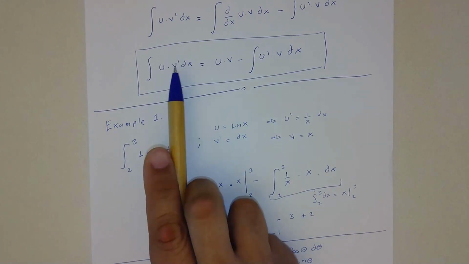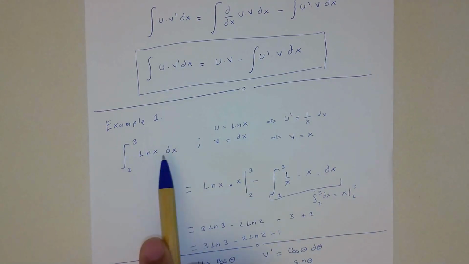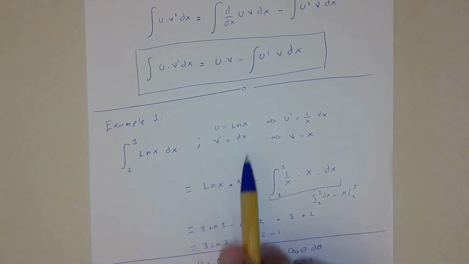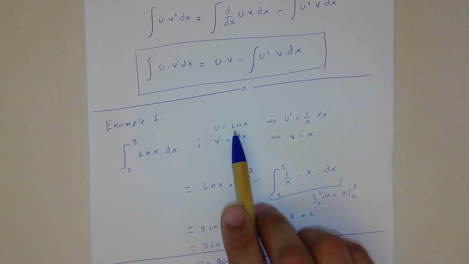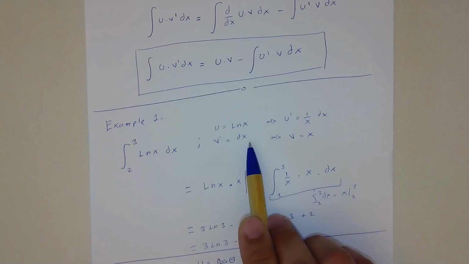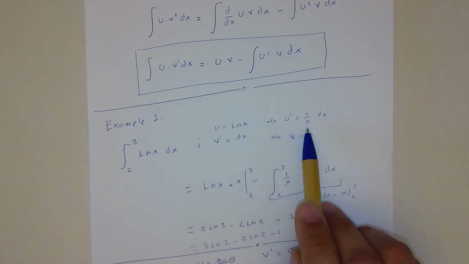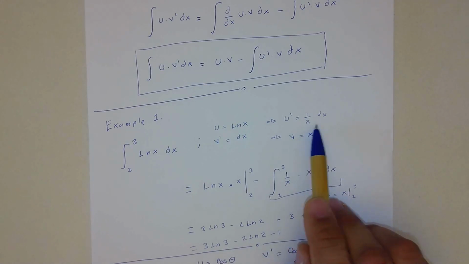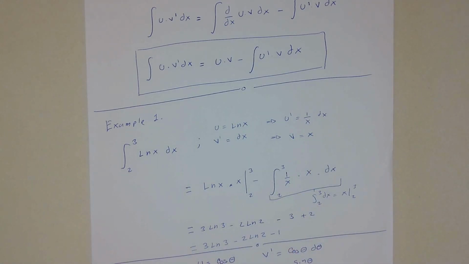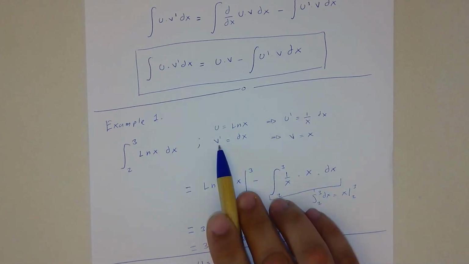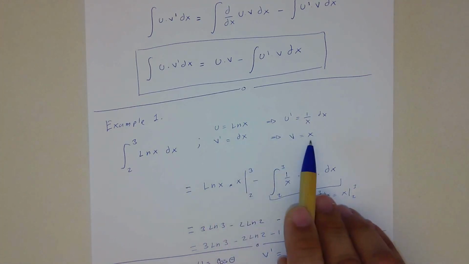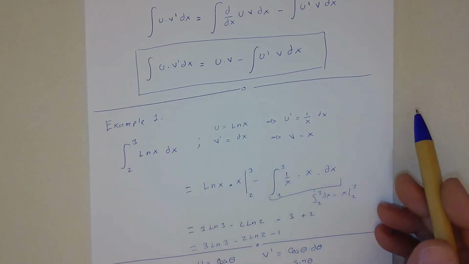The other part, the derivative of v, I don't see it, but I will say that this is 1 multiplied by the differential term, right? If I take the derivative of u, I will have 1 over x multiplied by the x, right? If I take the integral of the dx, I will have v as x directly.